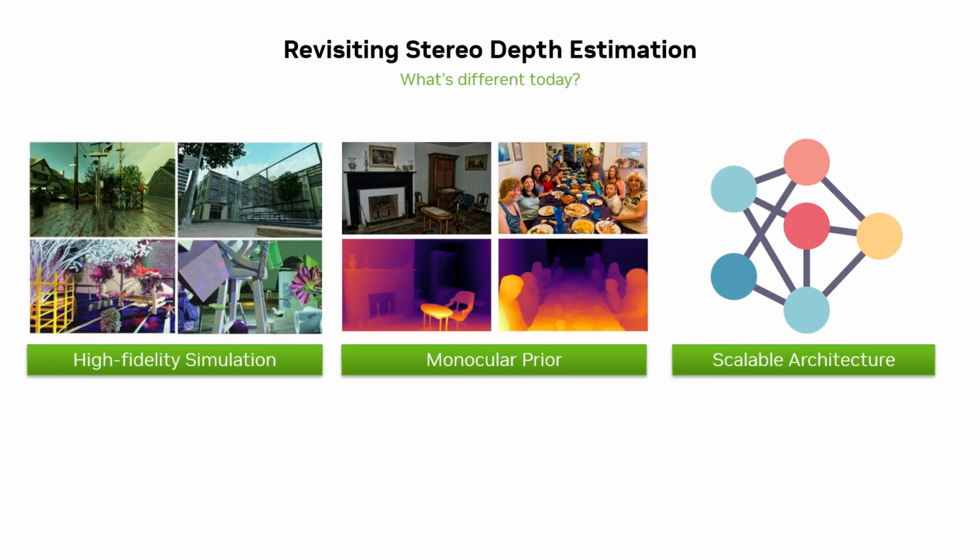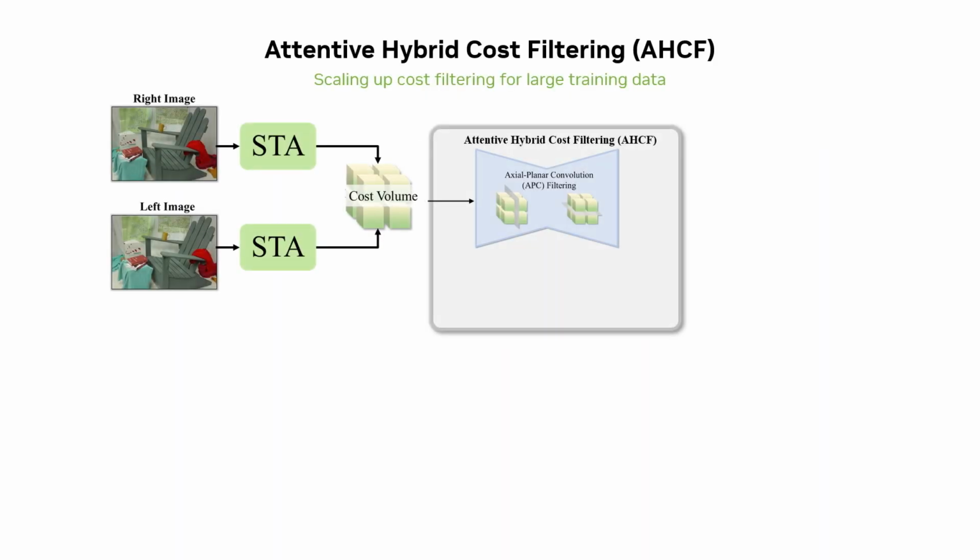Lastly, we advanced the architecture design to make effective use of large-scale training data. Once we extracted the features and built a cost volume, in addition to the CNN-based hourglass, we add another transformer branch. We downscale the cost volume and reshape it into disparity tokens, followed by a series of transformer encoders.